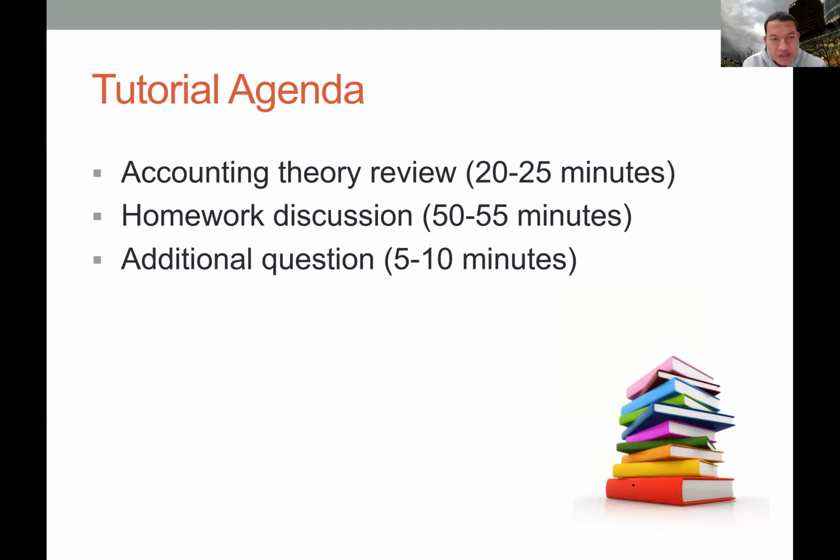So how we arrange the tutorial. I will spend like 20 or 25 minutes to review the theory, just to make sure that you learn something from the lectures and to refresh your memory about the theory of the topic that we discussed. Then I will spend like 50 to 55 minutes to discuss the homework questions.